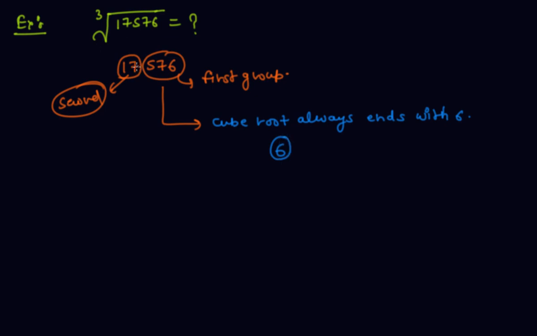Now 17 is in between 8 and 27, where 8 is the cube of 2 and 27 is the cube of 3.